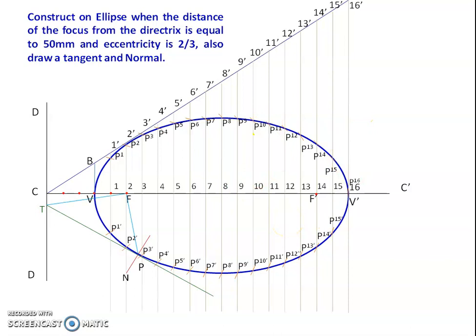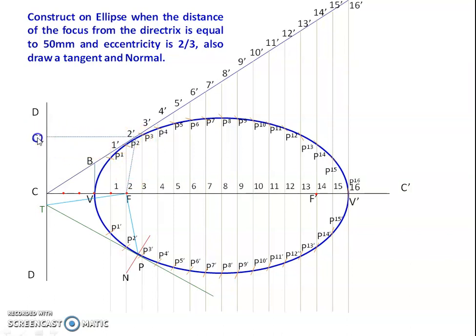Now you have to check whether the curve is right or wrong. Consider any point on the ellipse, draw one line, and wherever it meets, extend the line to the DD line.